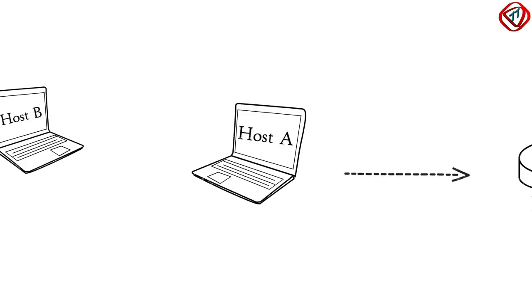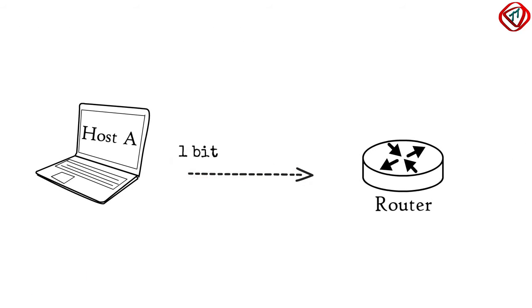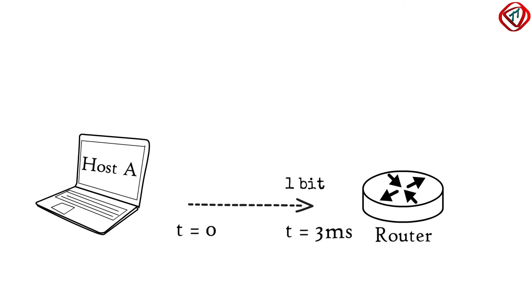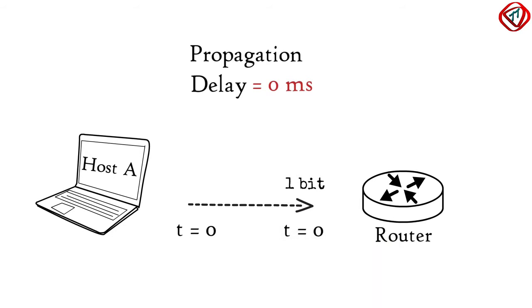Let us assume that host A sends a bit to the router at time t equals 0 seconds. It reaches the router after 3 milliseconds. So, the delay in receiving the bits at the router is 3 milliseconds. It is called propagation delay. If the propagation delay is 0, then the first bit is available to the router at the same time host A transmits it.